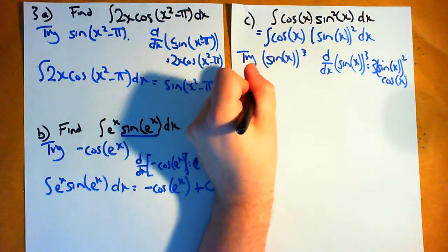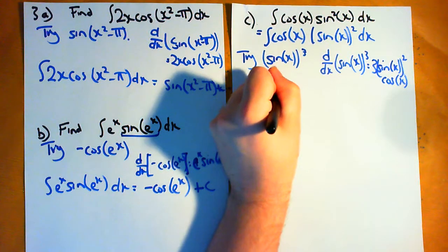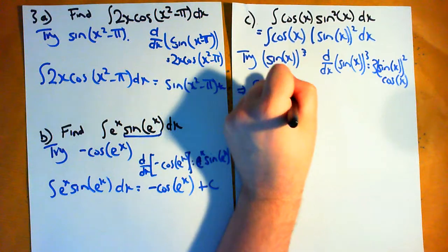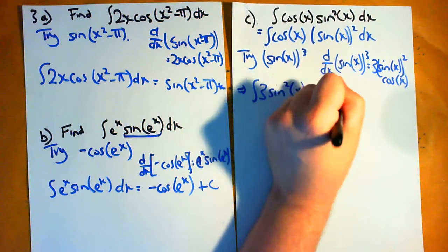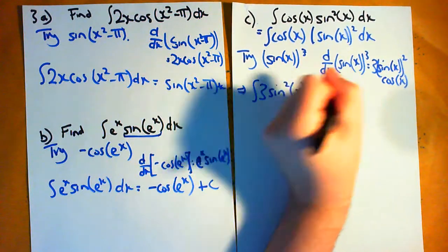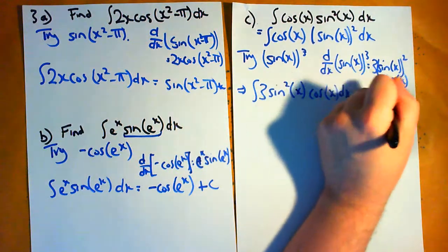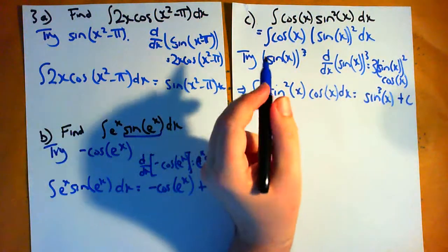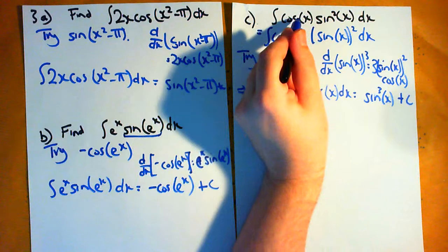Okay, so write that as an integration statement. The integral of 3 times, let's change our notation back, so sine of x in a bracket squared is the same thing as sine squared, times cosine of x dx equals sine of x to the power of 3, or we can write that as sine cubed plus c.